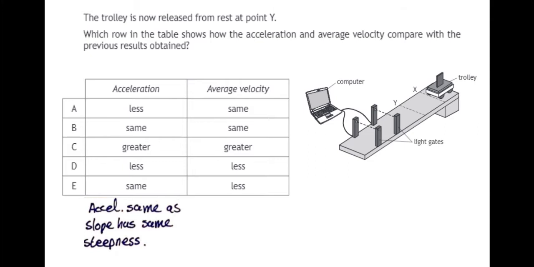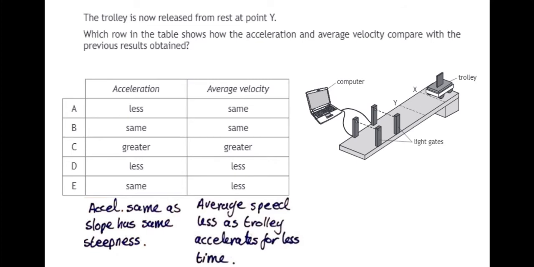However, because it has been accelerating for less time when it reaches the light gates, it will not have been going as fast by the time it gets to the light gates. And therefore, it will be moving with a lesser average velocity. So the answer is E.